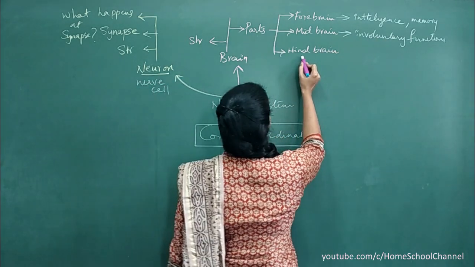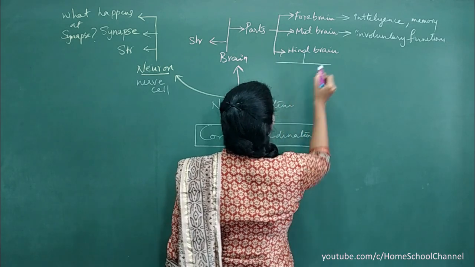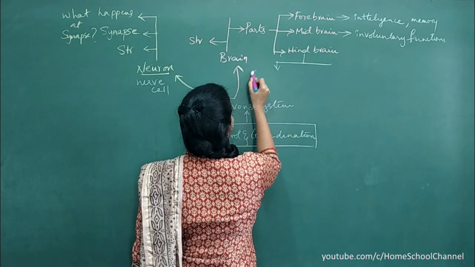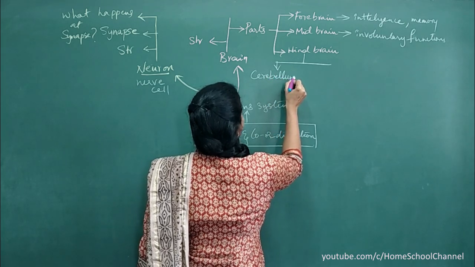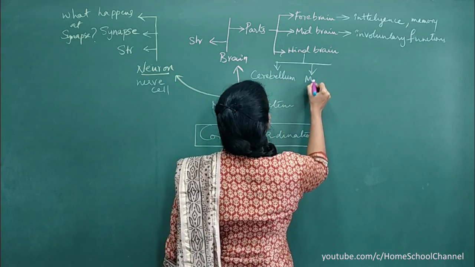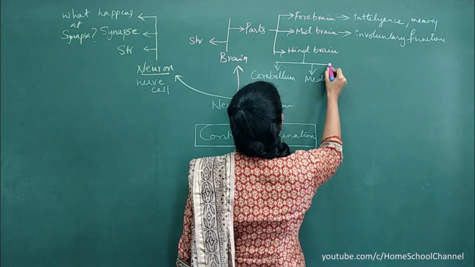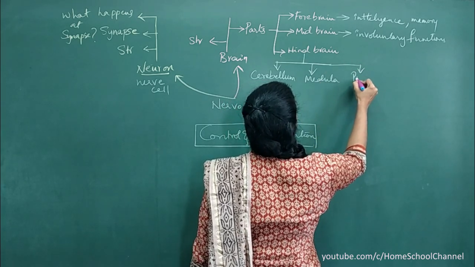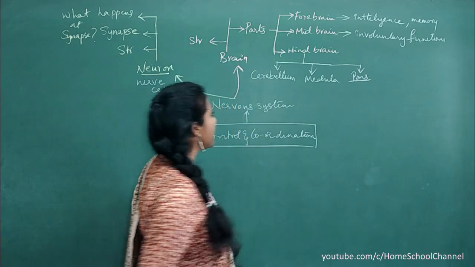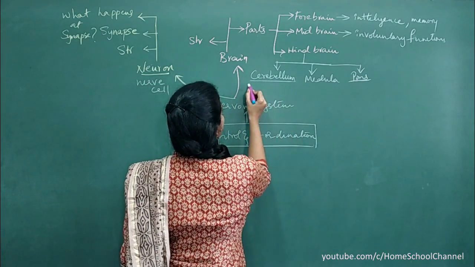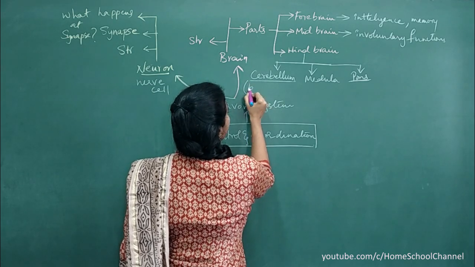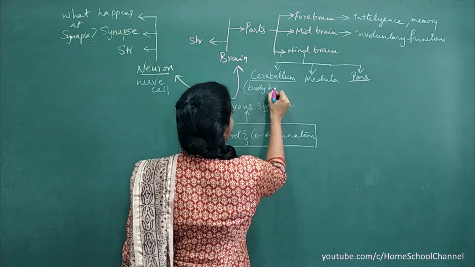And coming to the hindbrain, hindbrain again has three parts. One is cerebellum, medulla oblongata, and pons. Cerebellum's function is body posture or body balance.